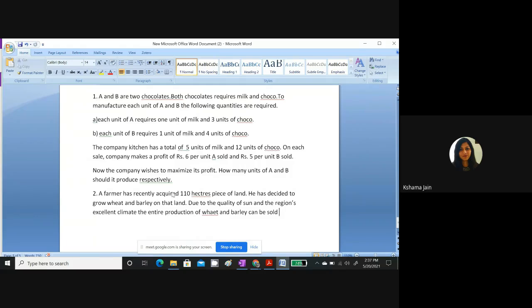He wants to know how to plant each variety in 110 hectares.